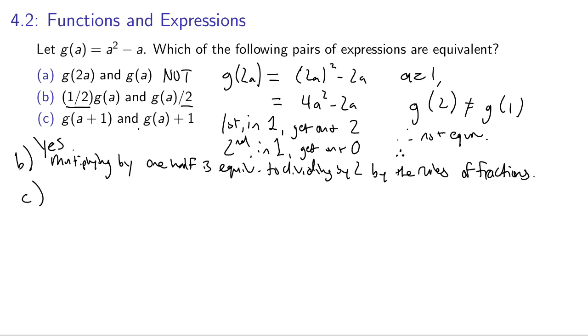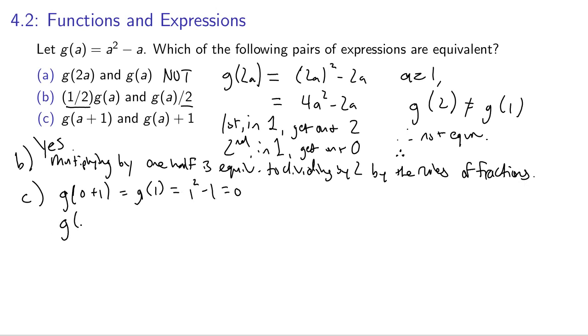C, well, we can show a counterexample, g of a plus 1 and g of a, plus 1. So if we put in 0 for our input, in the first case we'd have g of 0 plus 1, which would be g of 1, which would be 1 squared minus 1, which is 0.